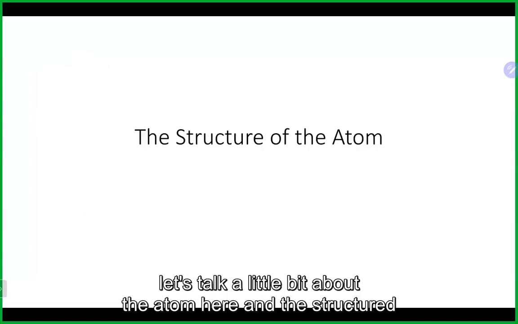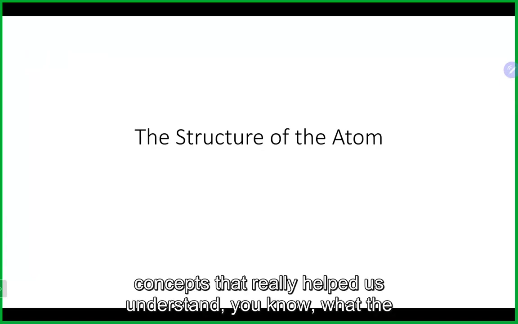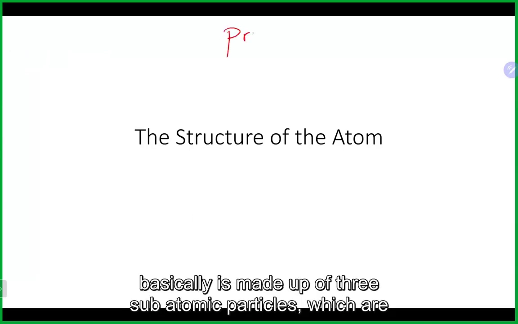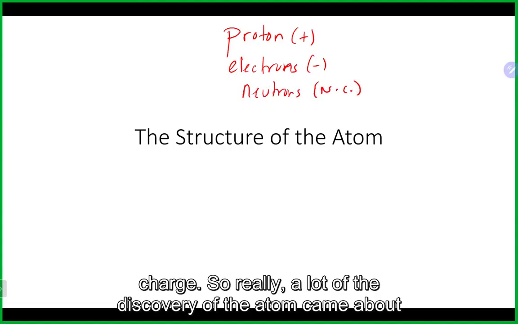Okay. So let's talk a little bit about the atom and the structure of the atom. We're going to touch upon some ideas and concepts that really helped us understand what the atom looks like. As I mentioned previously, the atom is made up of 3 subatomic particles, which are protons, electrons, and neutrons. Neutrons have no charge.